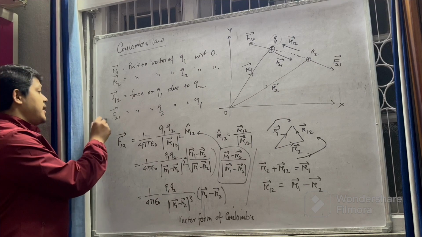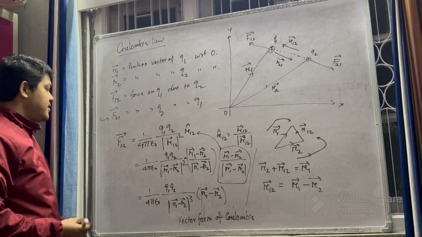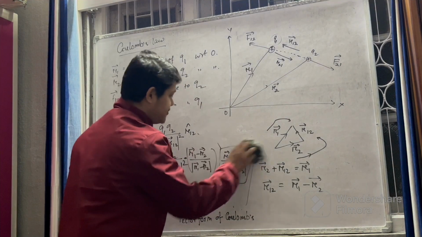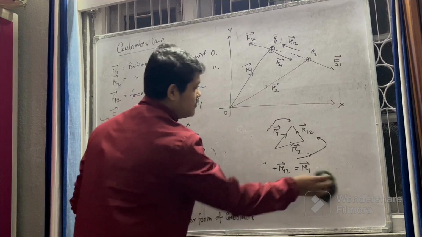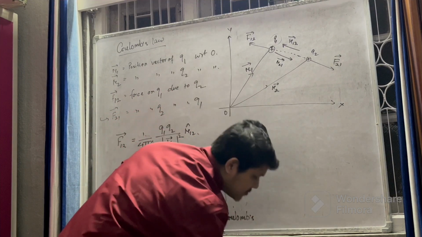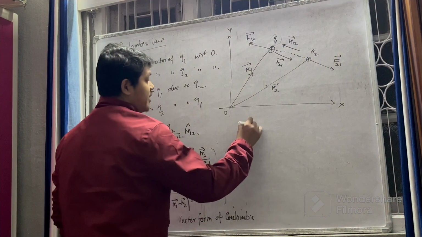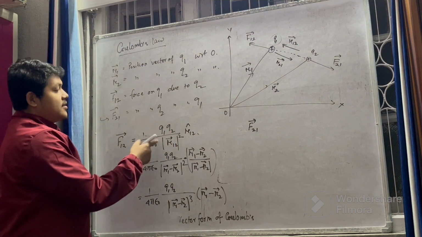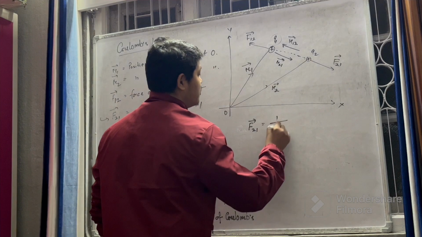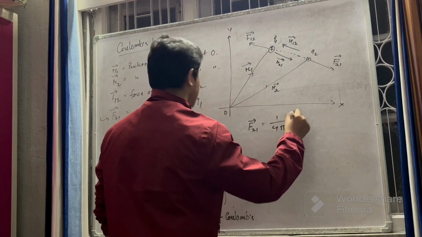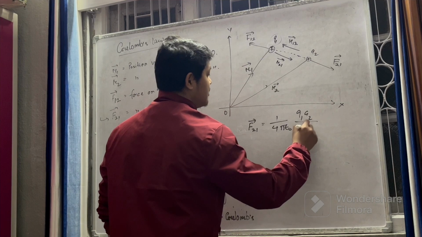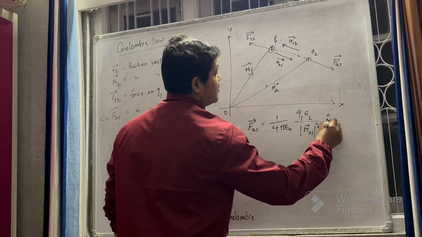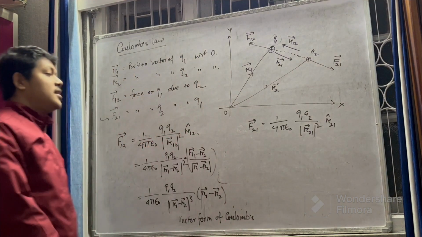Similarly, we can calculate F21 as well. So here you see F1 and F2. Let me clean these things. F21, if F12 is this, then F21 will be equal to 1 by 4 pi epsilon naught Q1 Q2 by magnitude of R21 whole square into unit vector of R21, right?